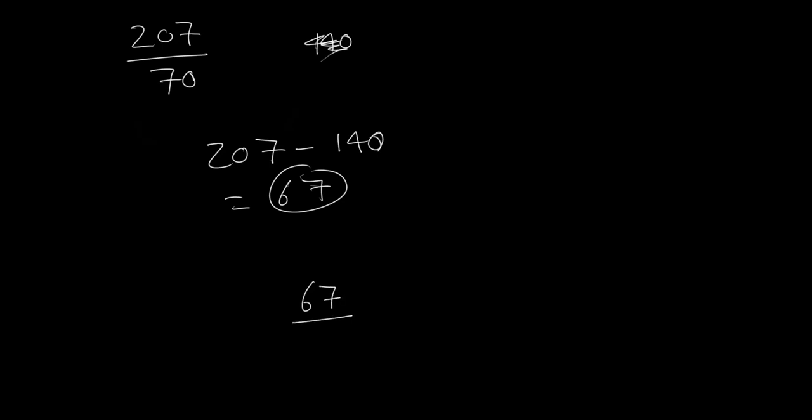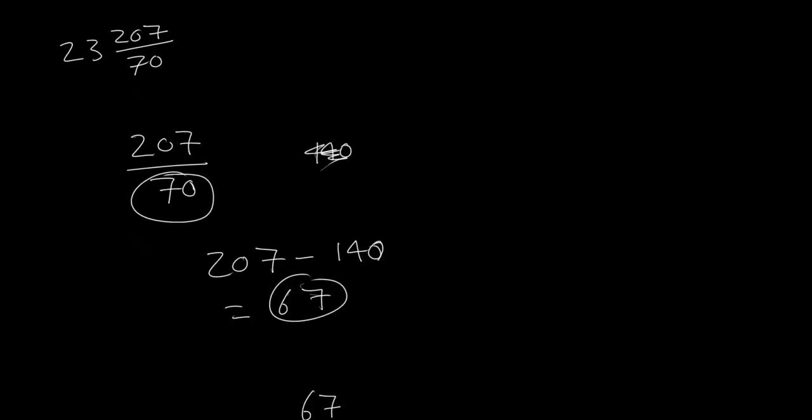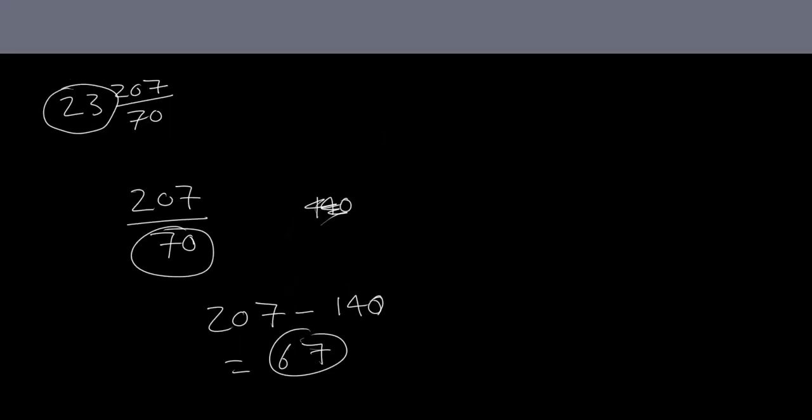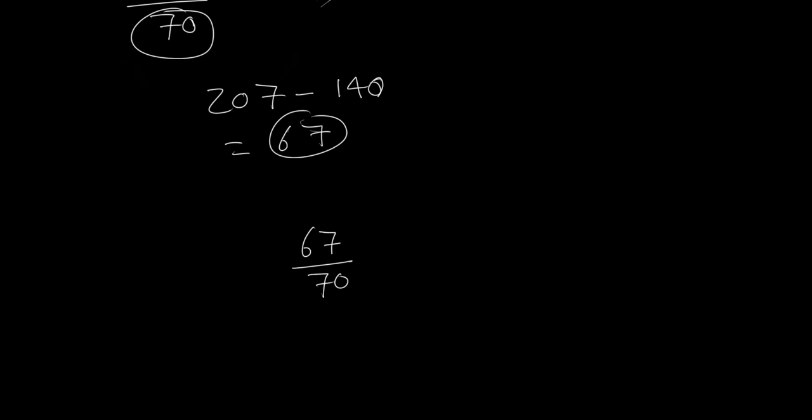And we're going to keep our old denominator, which was 70. Since we divided 70 into 207 2 times, our whole number, the integer, which originally was 23, needs to increase by 2. So the answer is going to be 25 and 67 over 70.